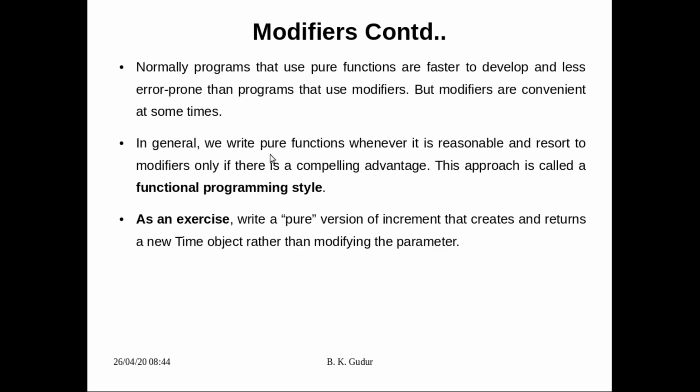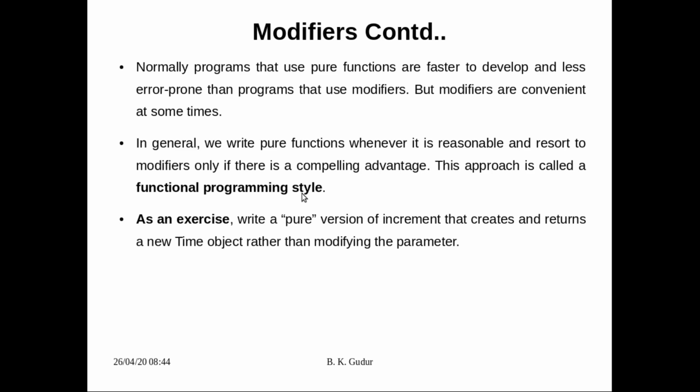In general, we write pure functions. Whenever we develop any code, we write pure functions whenever it is reasonable, and resort to modifiers only if there is some advantage. This approach is called functional programming style.